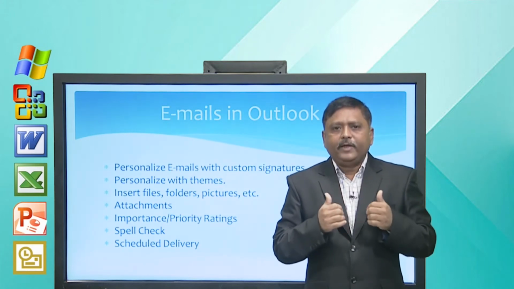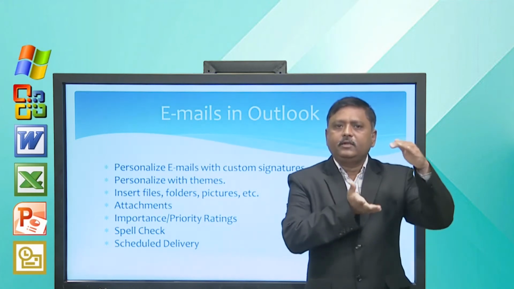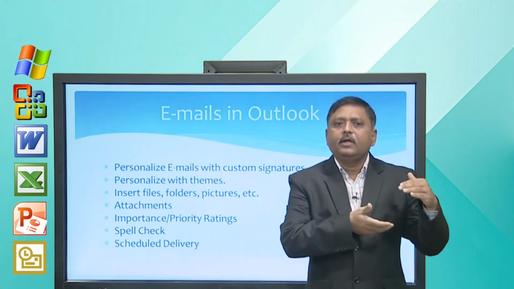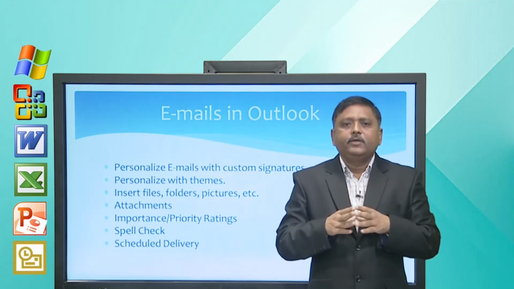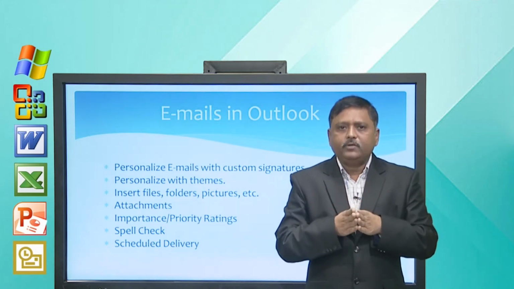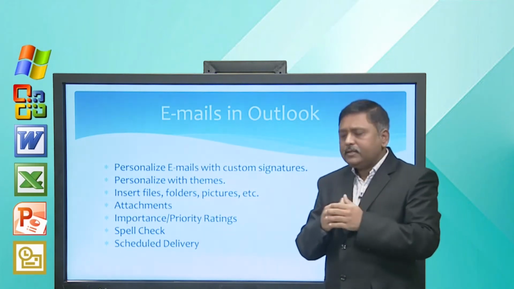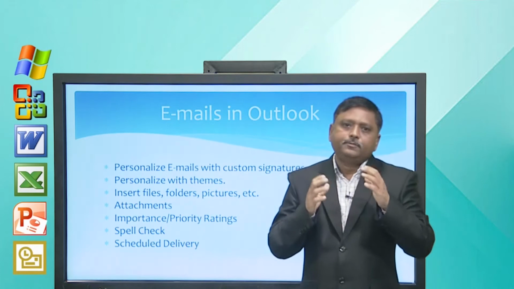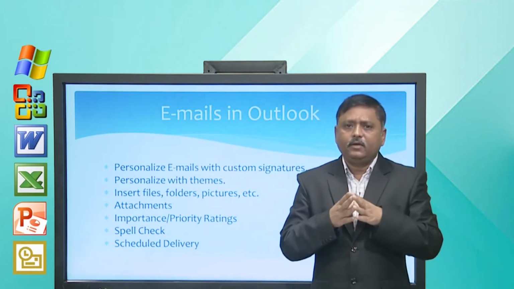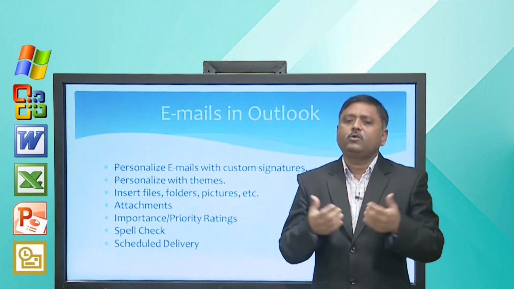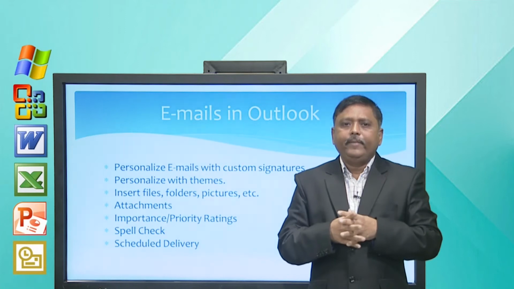So, you can specify ratings, so that we can come to know these are the emails of importance, these are with normal priority, and these are with low priority. Then you can perform spell check, like we perform spell checking in other software, we can do spell checking in our email also.